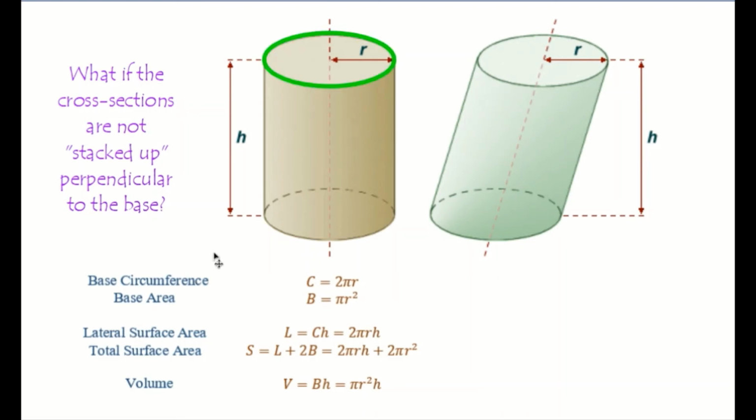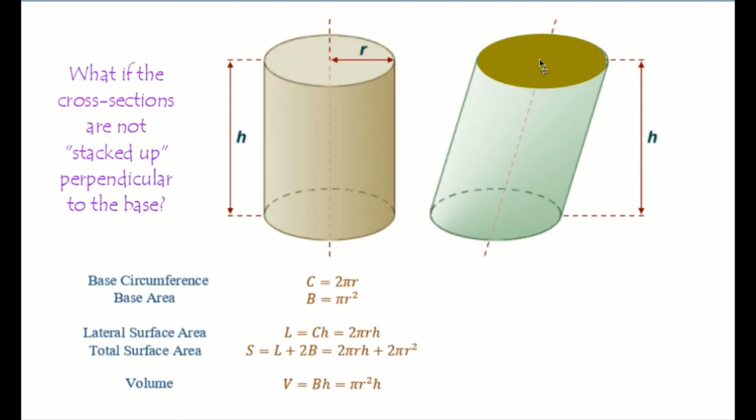So for an oblique cylinder again, the circumference is the same, just like a right cylinder. The circumference is the same all the way down. So if you take a cross section perpendicular to the base, it'll be the same shape as the base. Because the same circles are here, it's going to be the same area all the way up and down too.